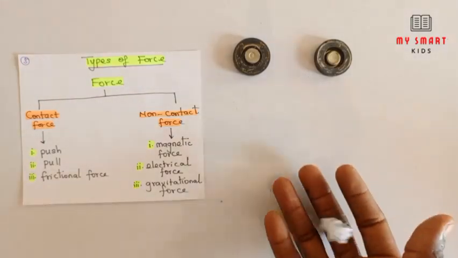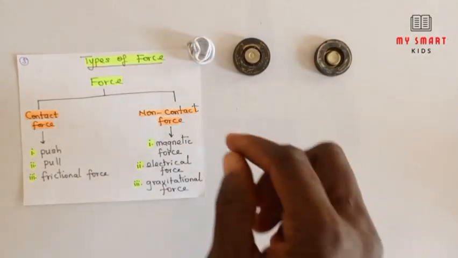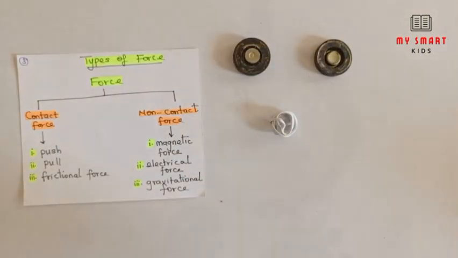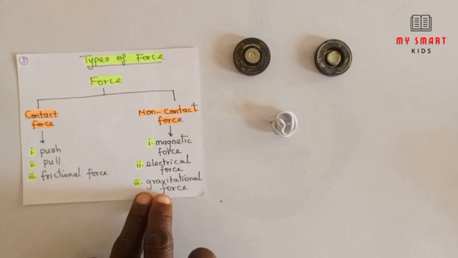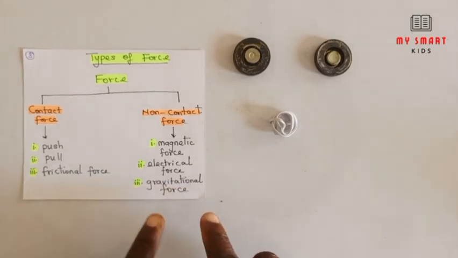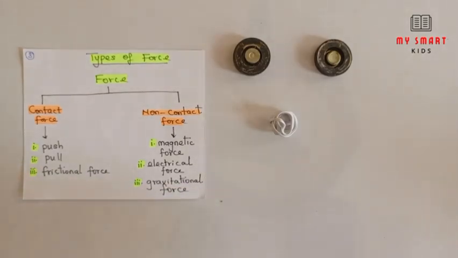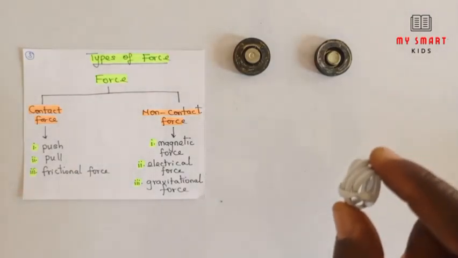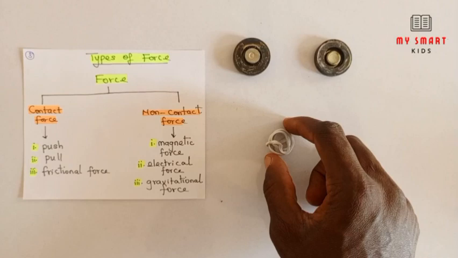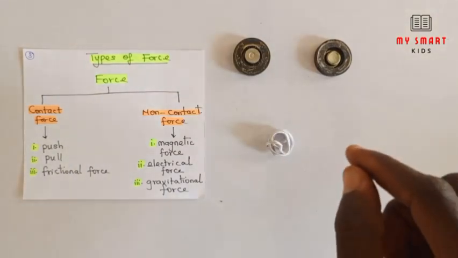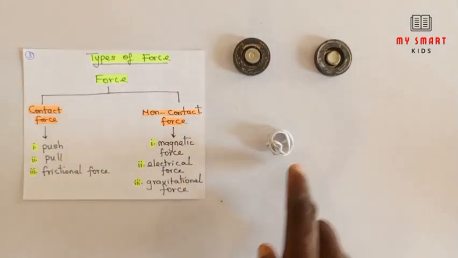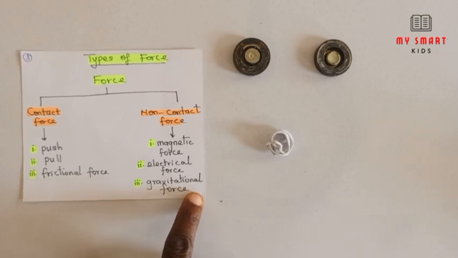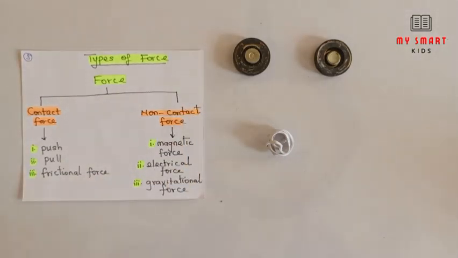If you throw anything up, it will definitely come down, because the earth is pulling that body towards itself using the gravitational force. It's a non-contact force. When a mango fruit falls from the mango tree, where is it coming to? It's coming down to the ground. What is pulling that mango fruit towards the earth is the gravitational force, and it's a non-contact force.